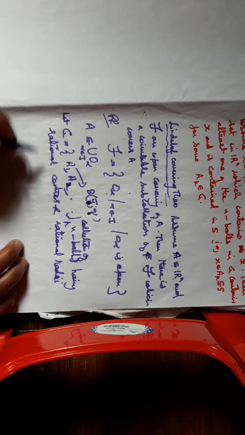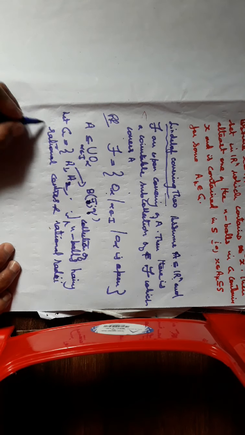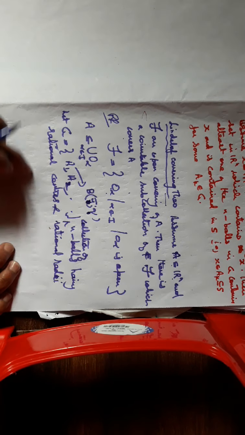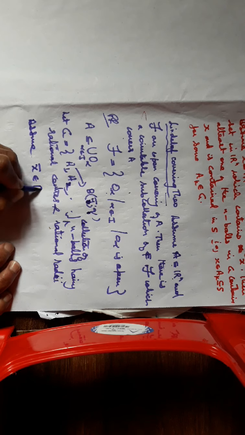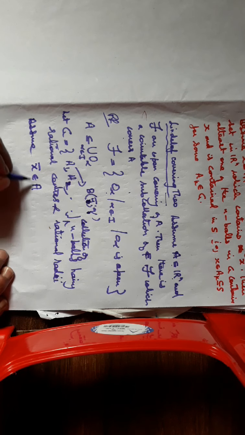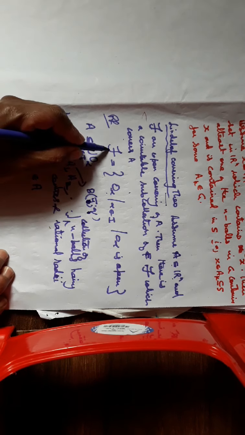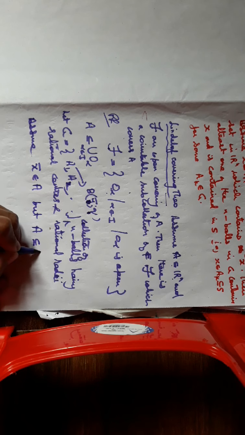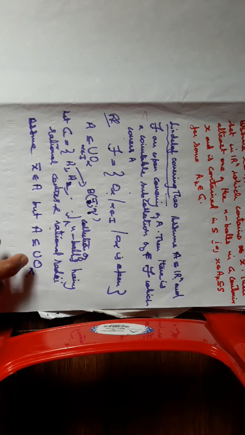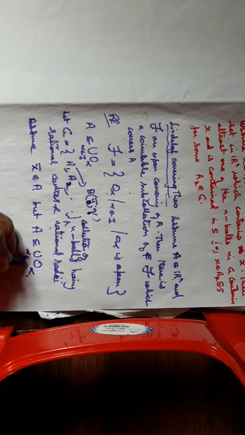So here, what we have, which covers A. Assume here x bar belongs to A. Since F is an open covering of A, A is contained in the union of O alpha, which means A is covered by this, alpha belonging to the indexing set.